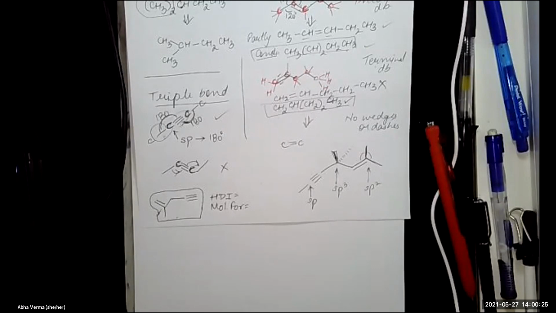HDI equals, and molecular formula equals. You know what a molecular formula is, right? You all will have to tell me how many carbons there are, how many hydrogens there are. HDI. So you can just copy in your notes. Very good, Sydney.